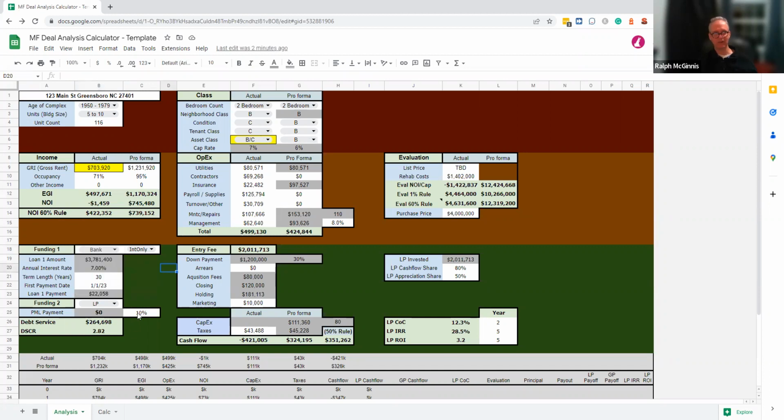If not, just understand that your percentages are going to be higher for a bank. Your down payment will be higher, and your annual interest rate will be higher. Your term as well, there's two things involved here.